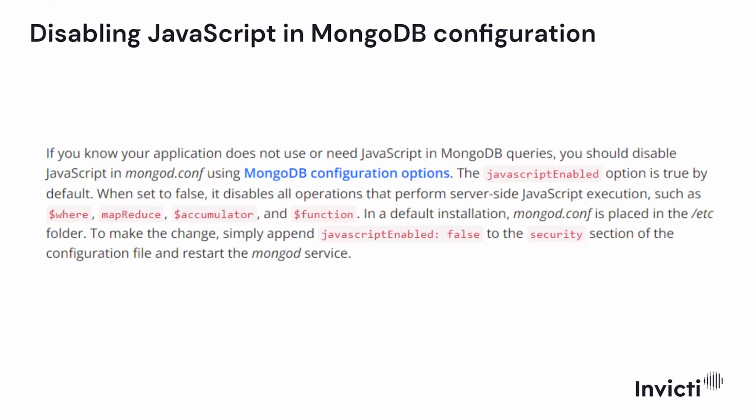Unfortunately, true is the default, just to make it as simple as possible to use operators such as where, MapReduce, accumulator, or function. But yeah, if you don't need this in your code, then you can just disable it, then restart the MongoDB service after you make the changes to the configuration file.